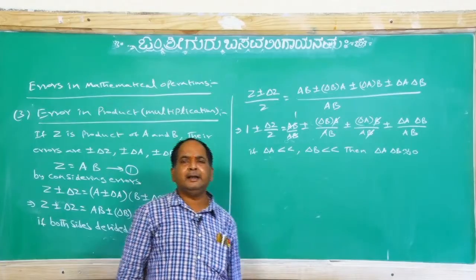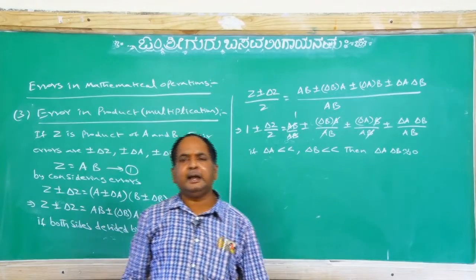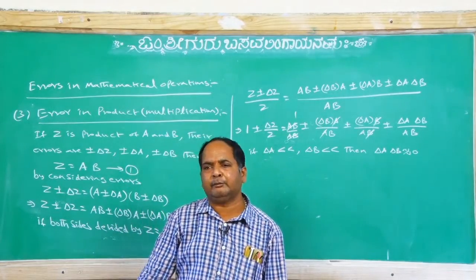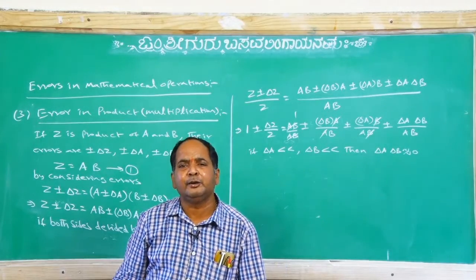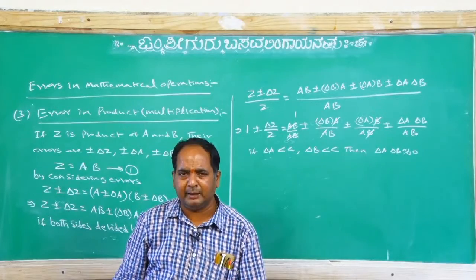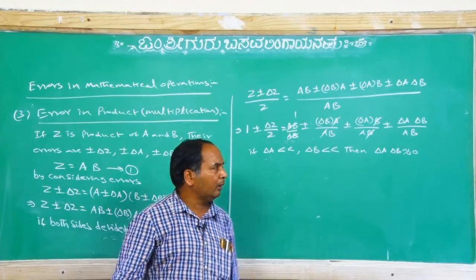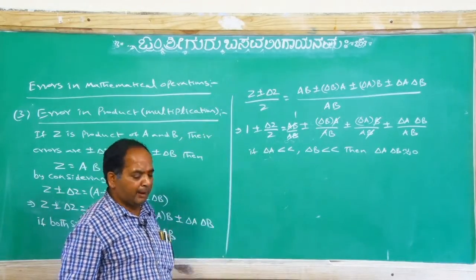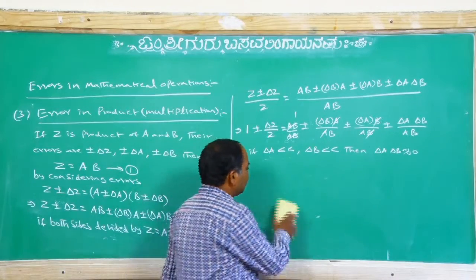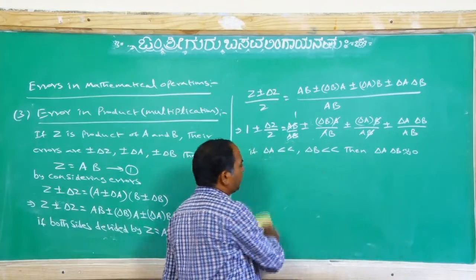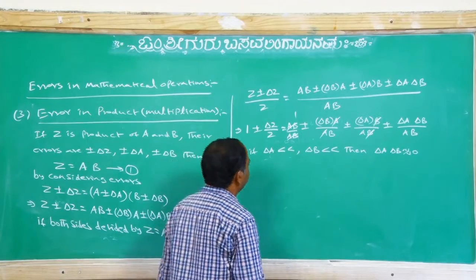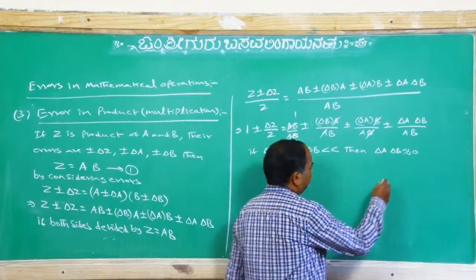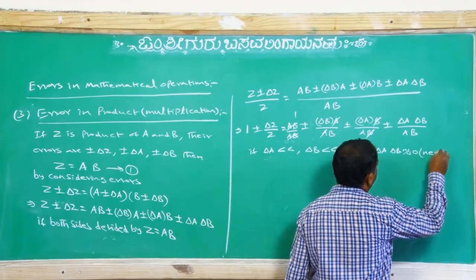If delta A is 0.01 and delta B is also 0.01, then delta A into delta B is 0.0001. That means very small. So the product of errors will become very small, so zero, that means neglected.